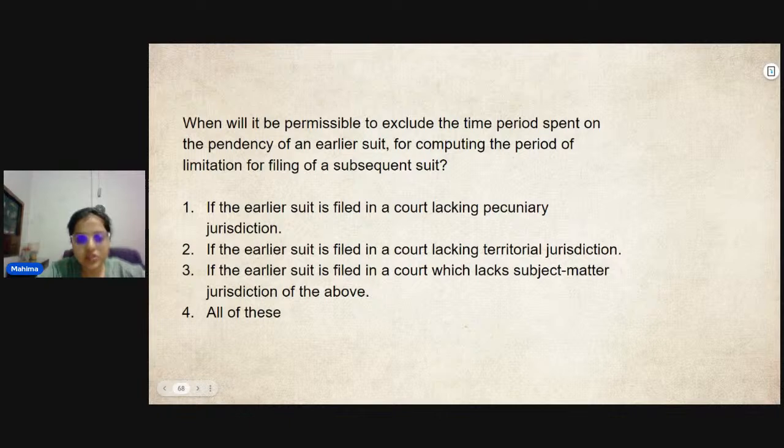If the earlier suit is filed in a court lacking pecuniary jurisdiction, if the earlier suit is filed in a court lacking territorial jurisdiction, if the earlier suit is filed in a court which lacks subject matter jurisdiction, none of the above, or all of these. See, whenever we count the days, we always count plus one.